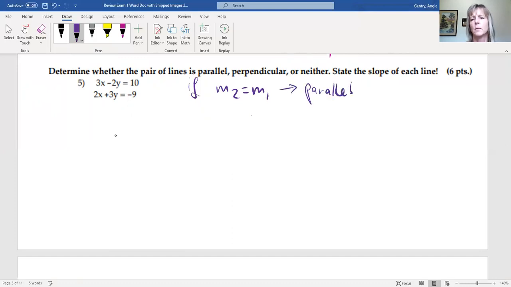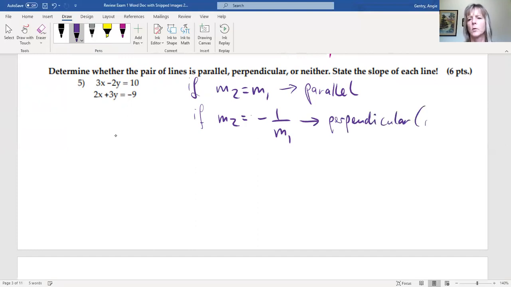You know this already because you did this in previous sections. And if m2 is the opposite reciprocal of m1, then it's perpendicular. And I'm going to say here opposite reciprocal.